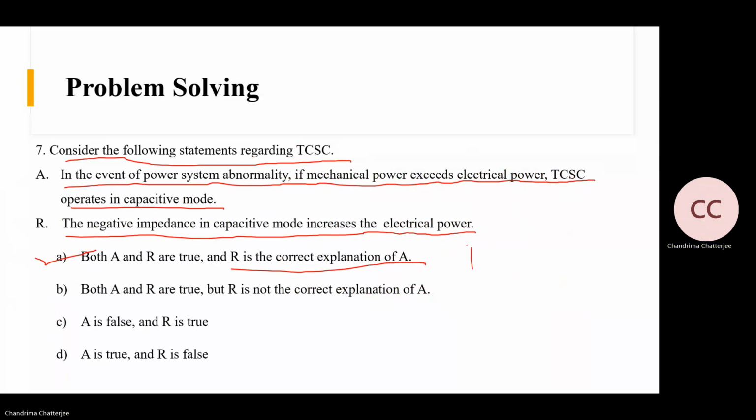So P increases when TCSC is in capacitive mode of control, and the electrical power decreases when the TCSC operates in inductive mode. Okay.